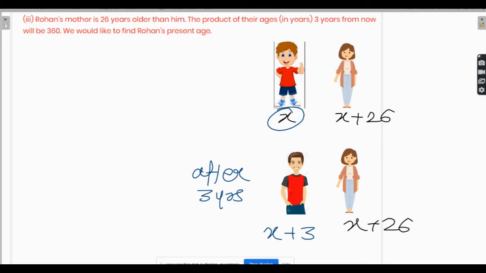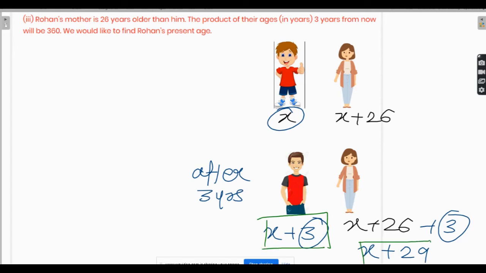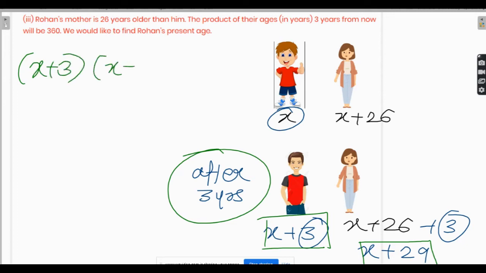After 3 years, like Rohan became plus 3, his mother also became plus 3. So now his mother is x plus 26 plus 3, 29. So Rohan's age will be x plus 3 and Rohan's mother's age will be x plus 29, after 3 years. So what is he saying? The product of their ages. Product of their ages is what? 360.